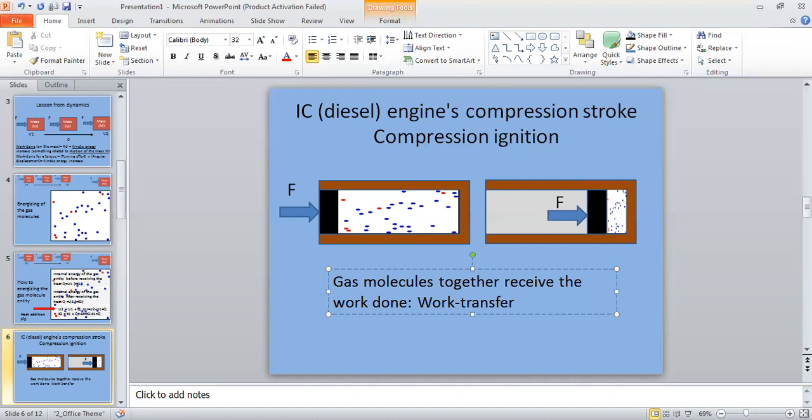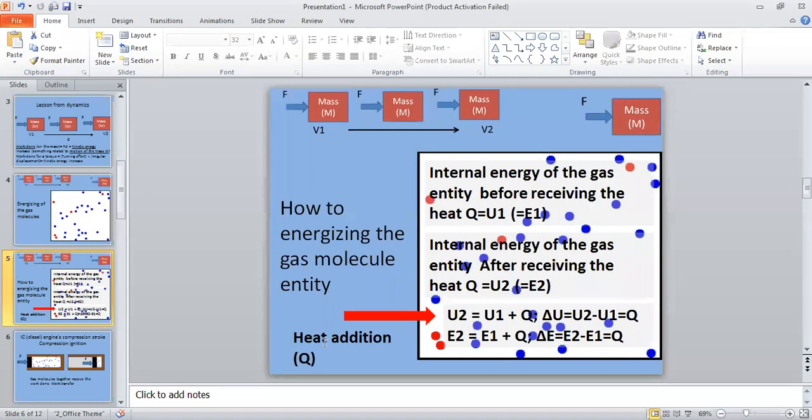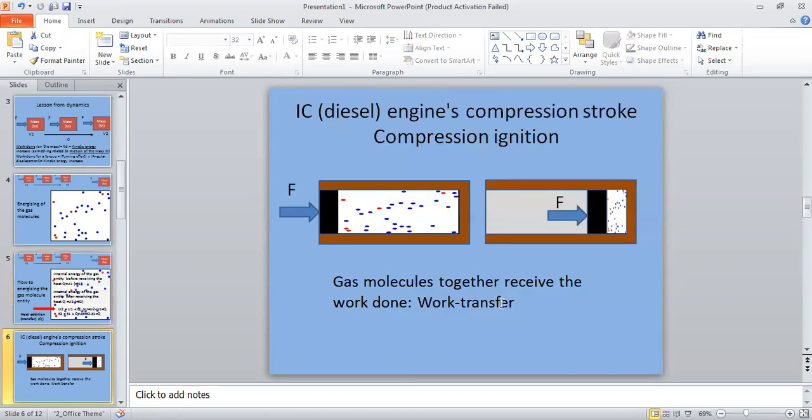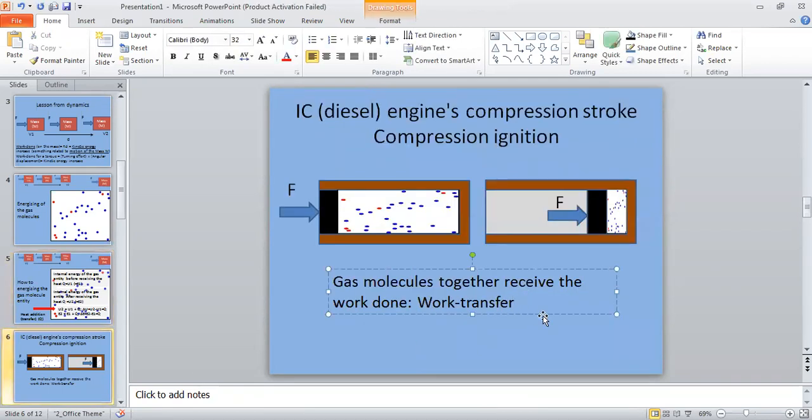So in gas, we can see heat and work transfer. Same here, heat addition: from the outside, through the walls, heat may transfer to the inside. That's why we can say heat and work transfer. Work transfer into the gas molecules means into the entity, the thermodynamic system.